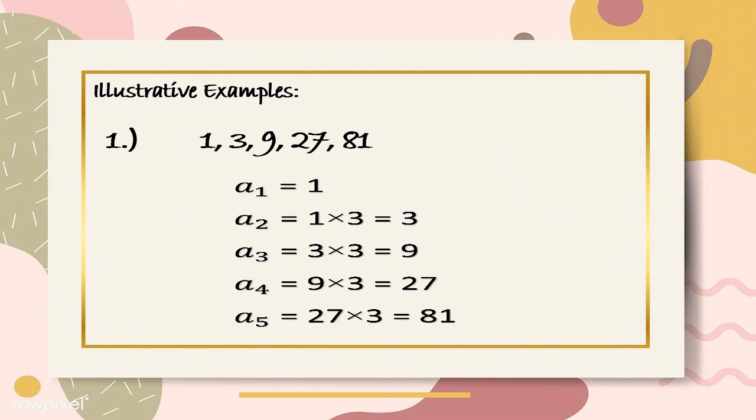So we have the first term, 1, multiplied by 3 is equal to 3. 3 multiplied by 3 is equal to 9. 9 times 3 is equal to 27. 27 multiplied by 3 is equal to 81.